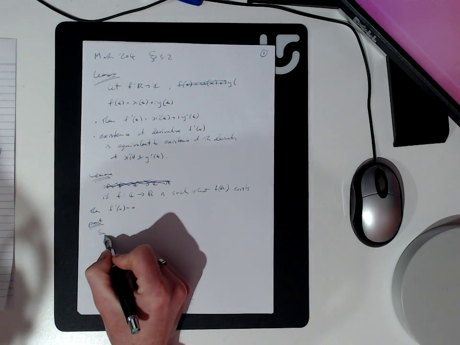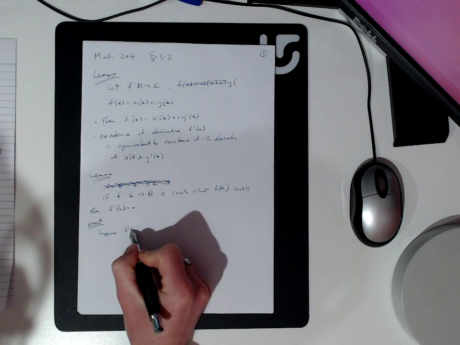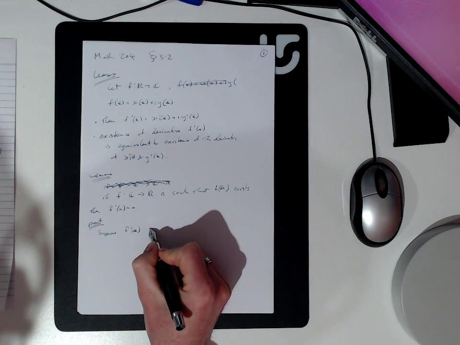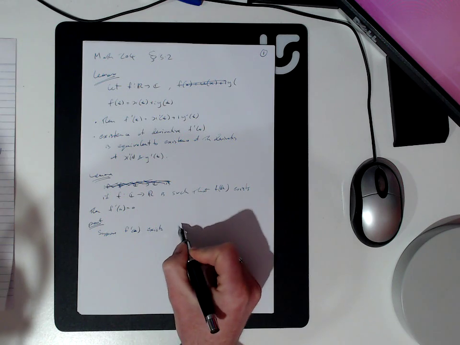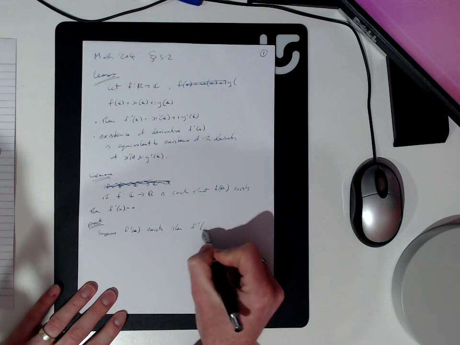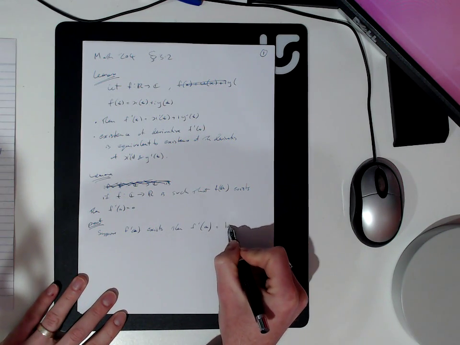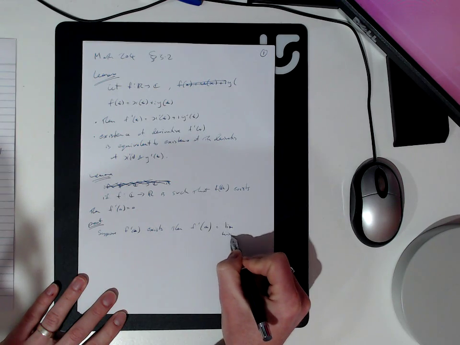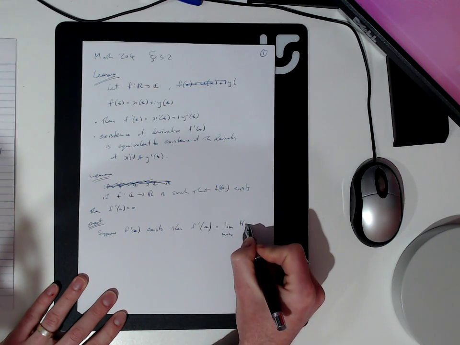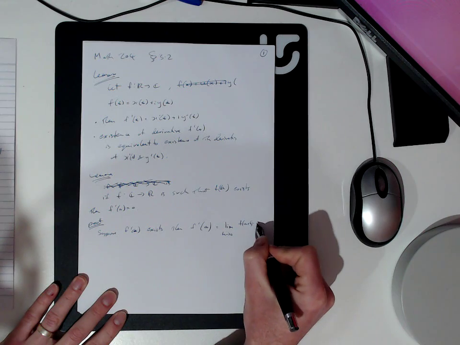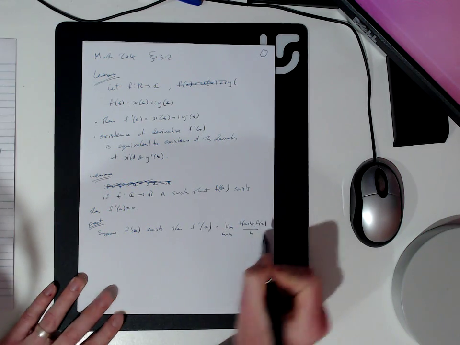So suppose f dash a exists, and then we have f dash a is equal to the limit as h goes to 0 of f a plus h minus f a over h.